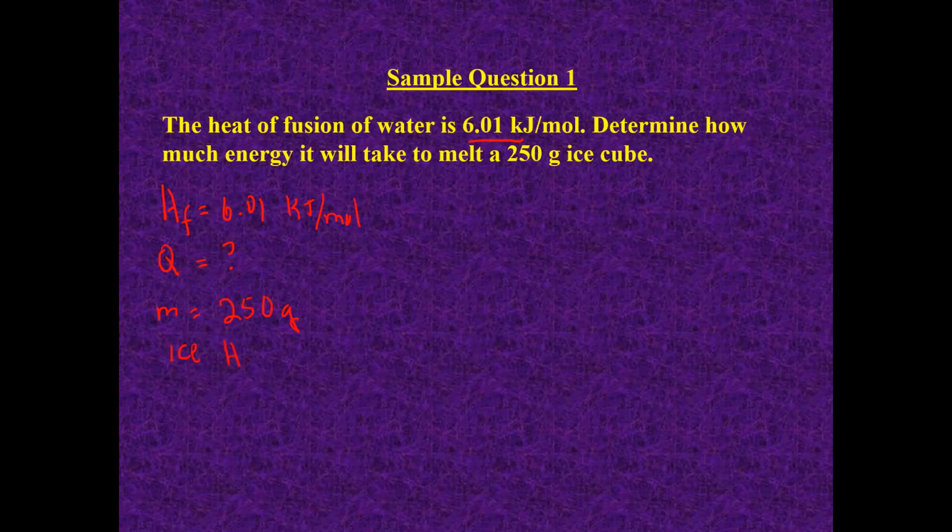Well, ice is H2O, and the molecular weight of water is 2 hydrogens and 1 oxygen: 2 times the molar mass of hydrogen and 1 times the molar mass of oxygen. Now remember, these are grams per mole for both of them. So we're going to get 2.01 and 16.00. That works out to 18.02 grams per mole.